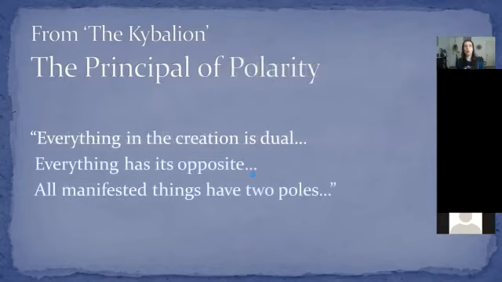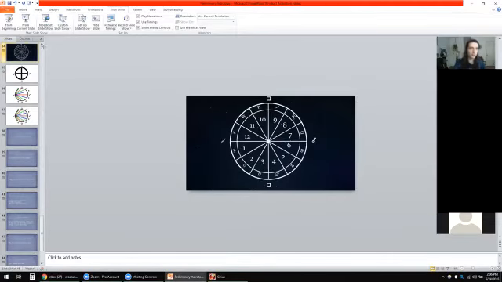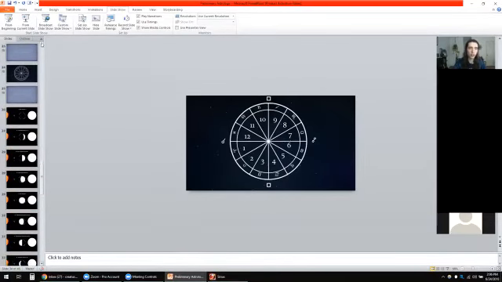The principle of polarity. Everything in the creation is dual. Everything has an opposite. All manifest things have two poles. This becomes extremely important in practicing astrology. And again, if we want to pull up our zodiac wheel here, let's see if I can find a blank one.